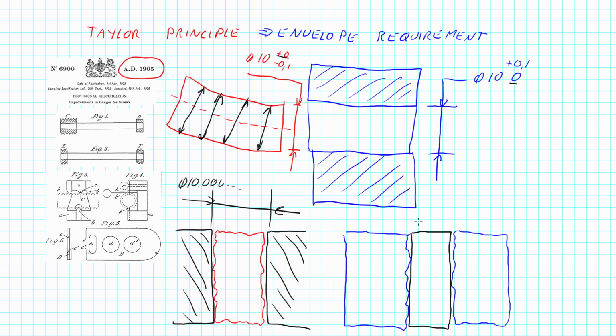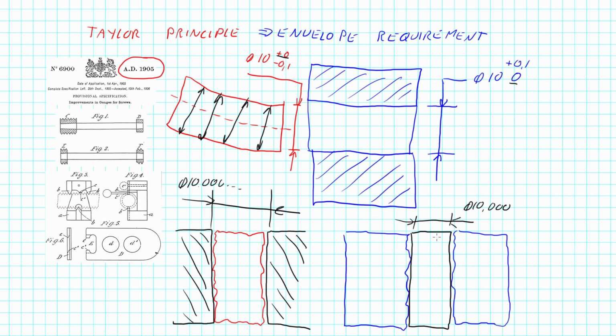So again, it would be a shaft, or plug gauge is the way we actually measure it, of a diameter of 10.000 that has to be able to fit through the entire hole.